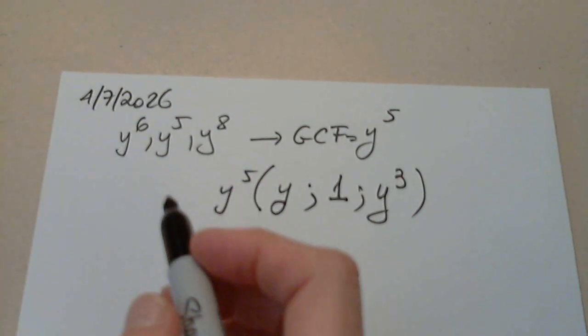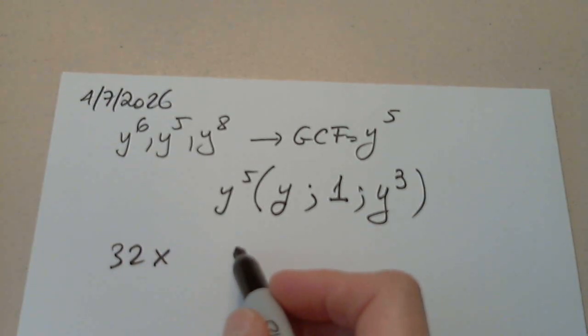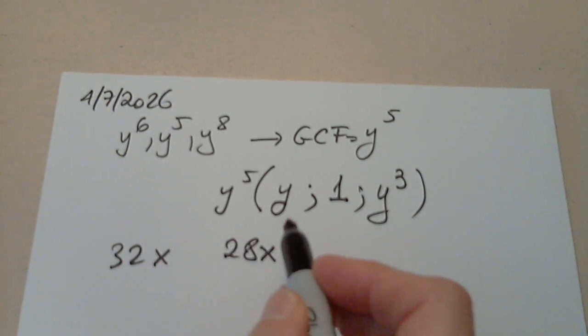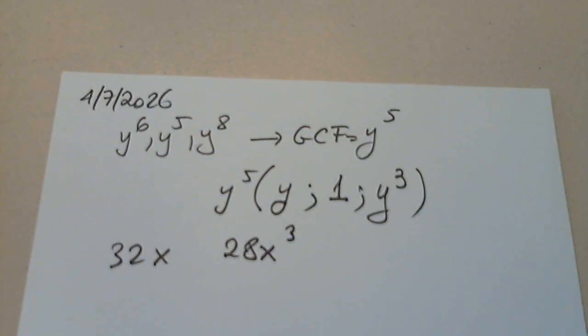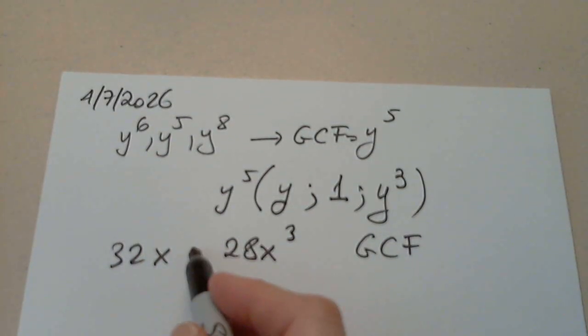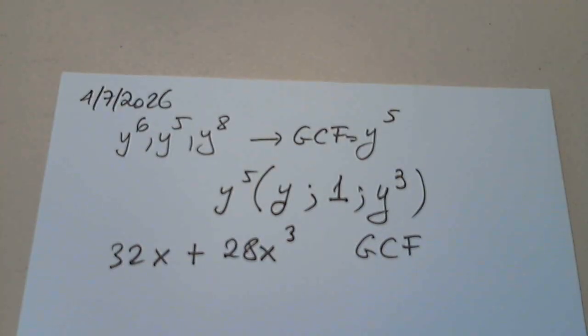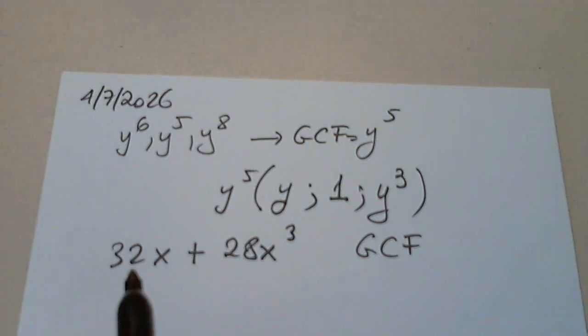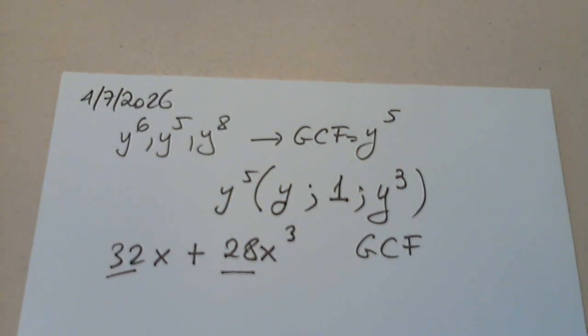Now for 32x and 28x to the 3rd, how do I find the greatest common factor? The same question. We are asked to find the greatest common factor. Let's suppose we are adding or subtracting them. So 32 and 28, what do they have in common?